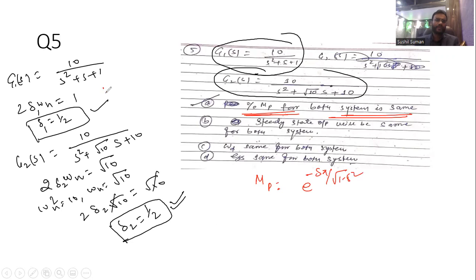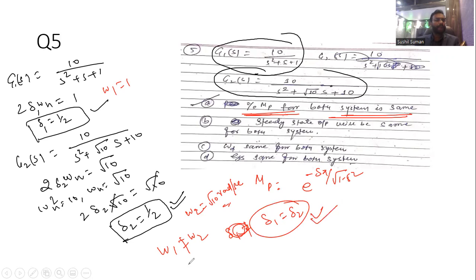My dear students, here omega 1 is 1 and omega 2 is under root 10 radian per second. Omega 1 is not equal to omega 2, but zeta 1 is equal to zeta 2. So the damping ratio is the same, but the frequency is not the same. So the steady state output being the same for both systems is not possible, and omega d being the same is also not possible.